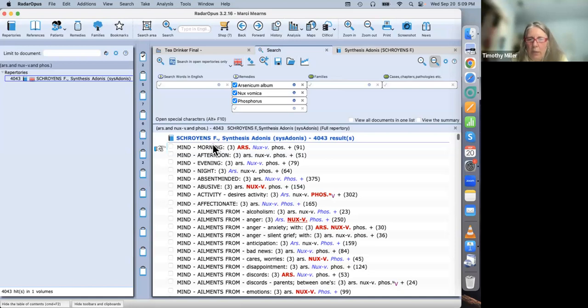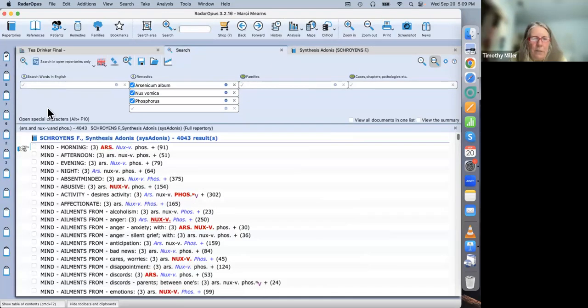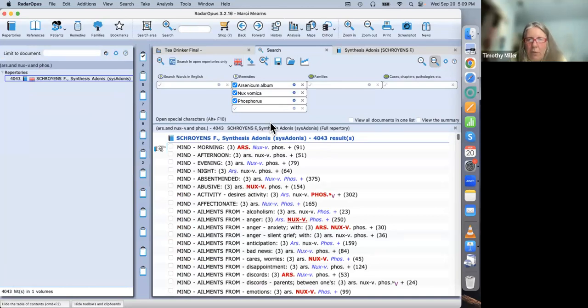This is a useless search, by the way, but I'm showing it for the purpose of contrast and compare. In this results of search window here on the left, where my table of contents becomes results of search, the system is telling me that I have 4,000 and so rubrics that have all 3 of these remedies. Not very useful. Let's see how we can refine this now in our advanced search window to suit our interest.